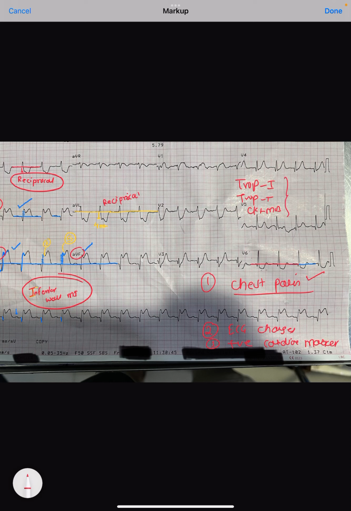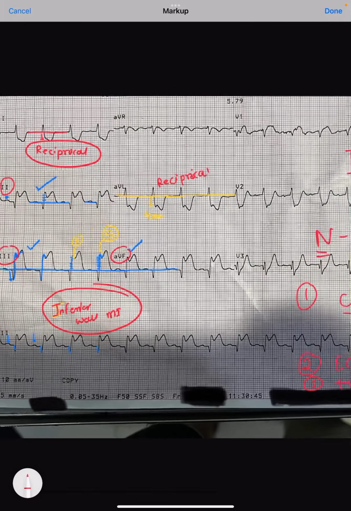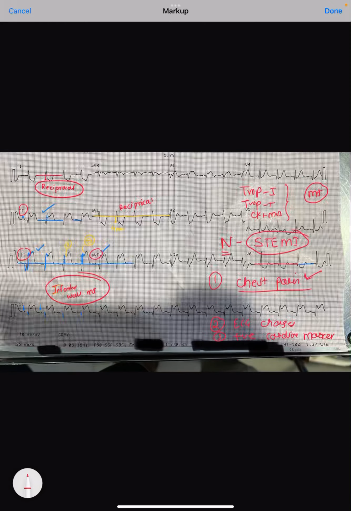If these are positive in titers, and if the patient has chest pain, we can call that the patient has an acute coronary event or myocardial infarction. If this myocardial infarction is present with ST elevation, we call it STEMI. When myocardial infarction is present in absence of ST elevation, we call it NSTEMI, that is non-ST elevation MI. In this case, ST elevation is there, so it is STEMI.